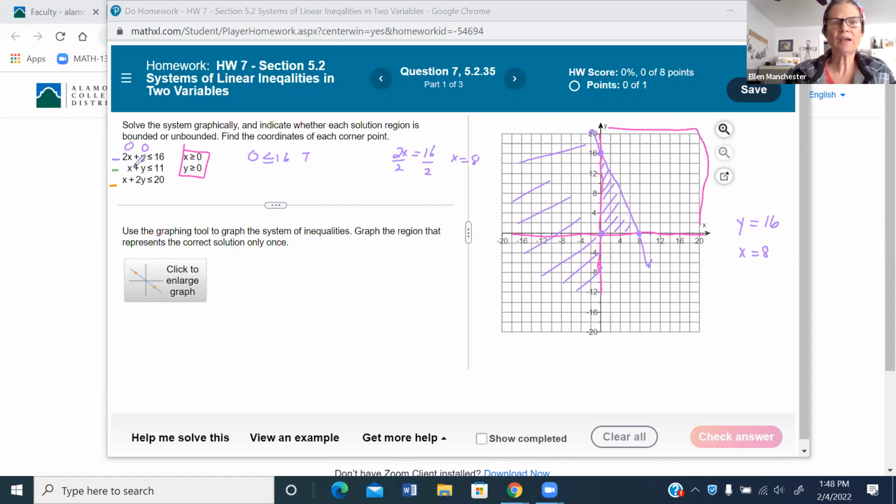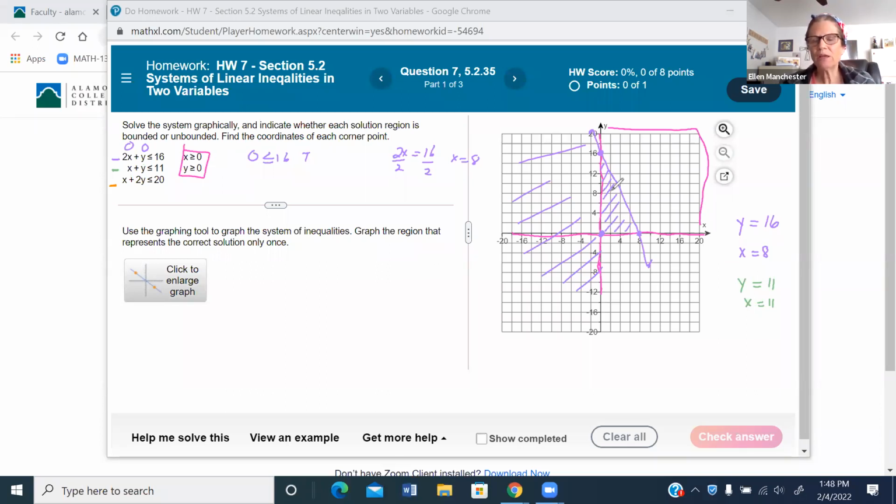This one's easy. I cover up my x and I get y equals 11. Cover up my y and I get x equals 11. No solving there. Okay, now I come over to my graph.